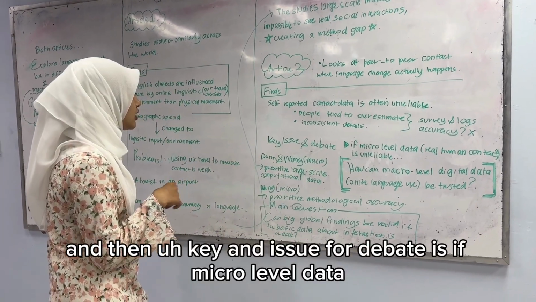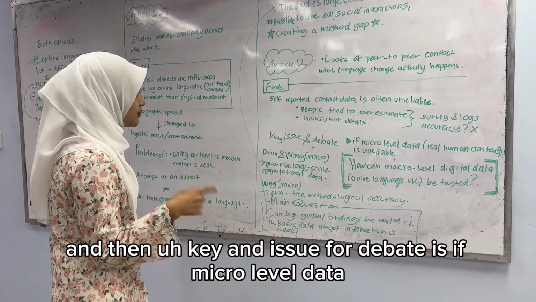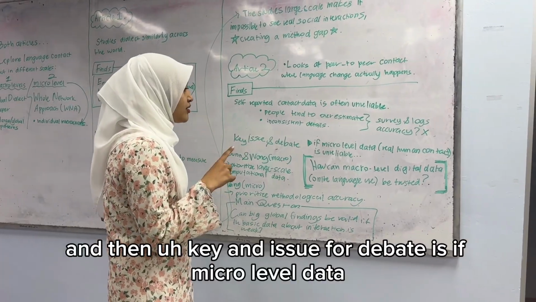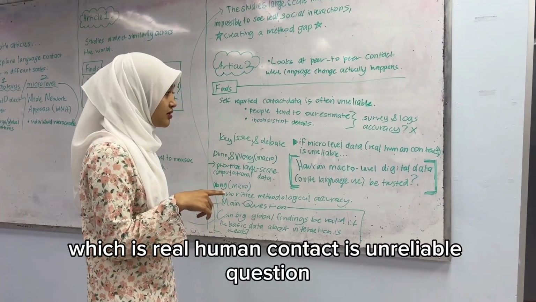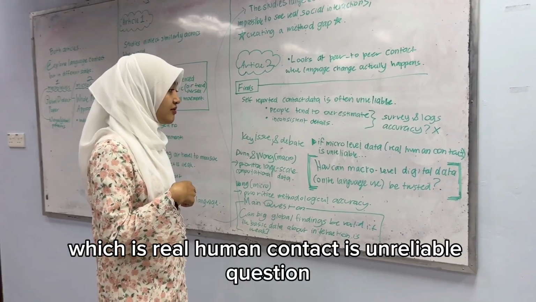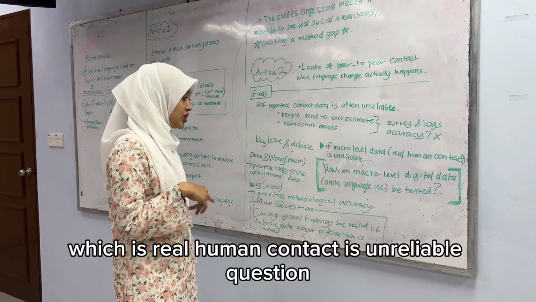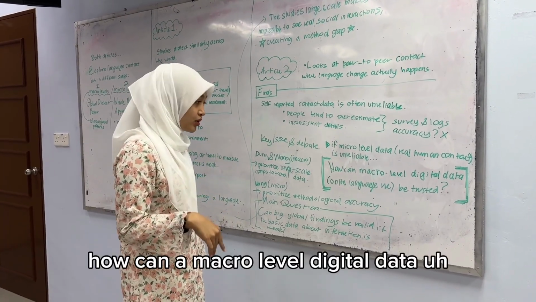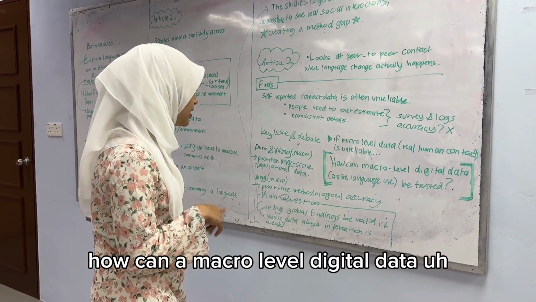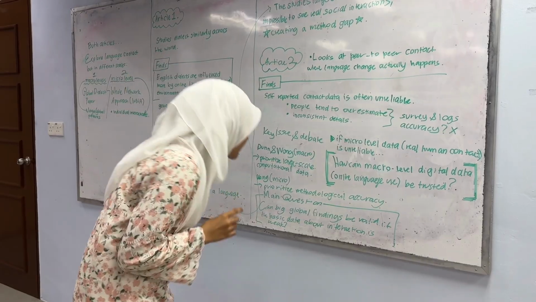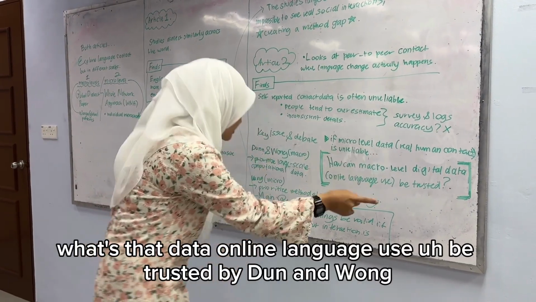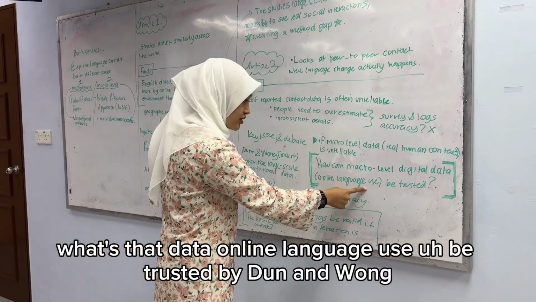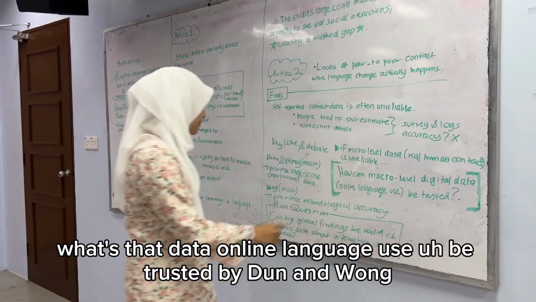The key issue for debate is: if micro level data, which is real human contact, is unreliable, how can macro level digital data, online language use, be trusted?